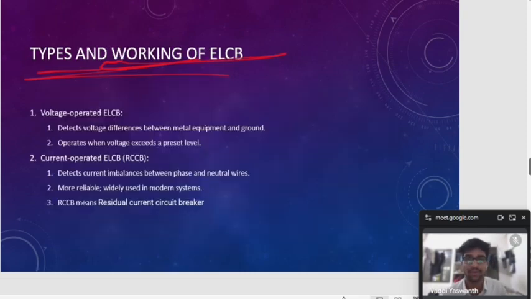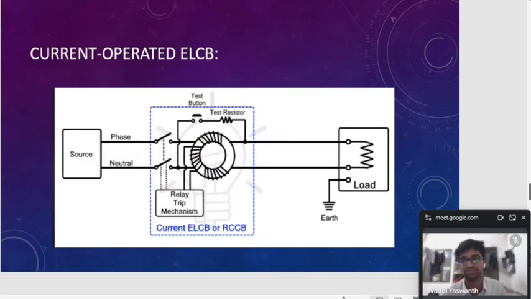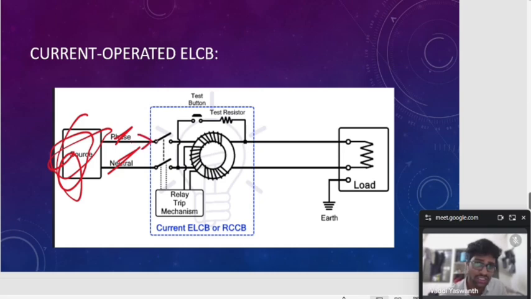Current operated ELCB is also known as RCCB, that is residual current circuit breaker. Here, this is the source, this is phase, and this is neutral. If 1 ampere of current is flowing through this phase wire, it will go like this, and through the solenoid it will generate some magnetic field.